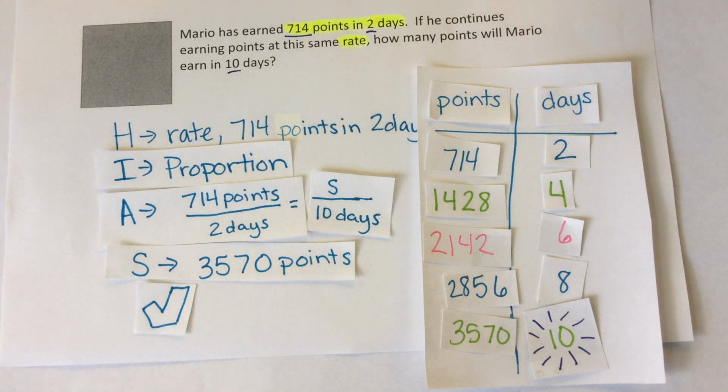So it seems to reason that my answer should be a lot more than 714. Looks about right. 2 times 5 is 10, and 700 times 5 is 3,500. We're really close to 3,500, so that looks like a reasonable answer.